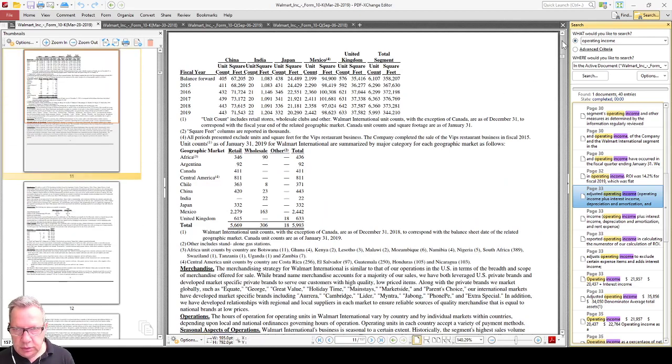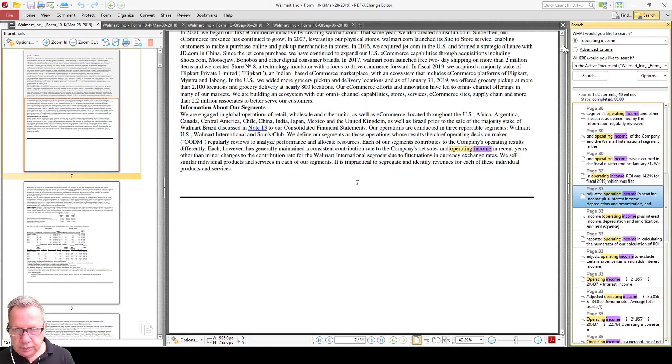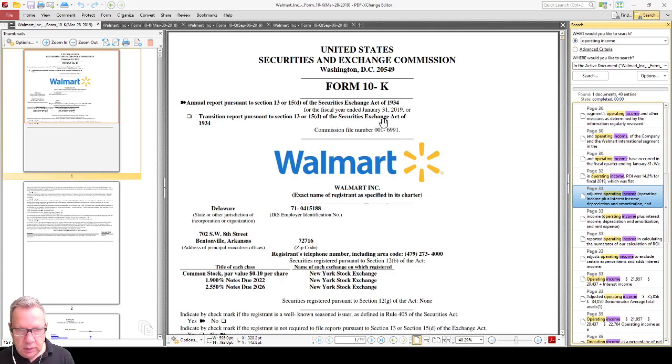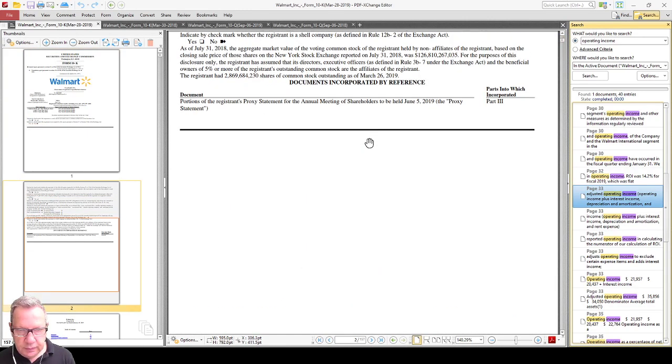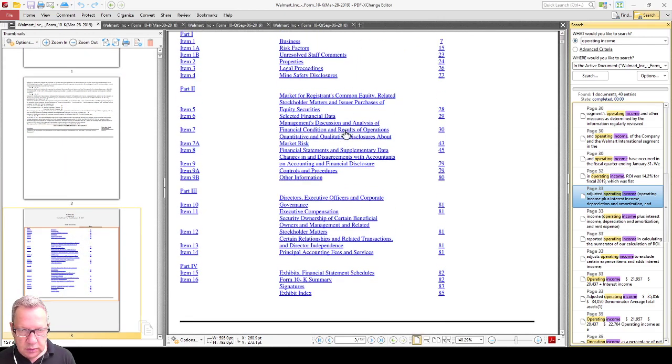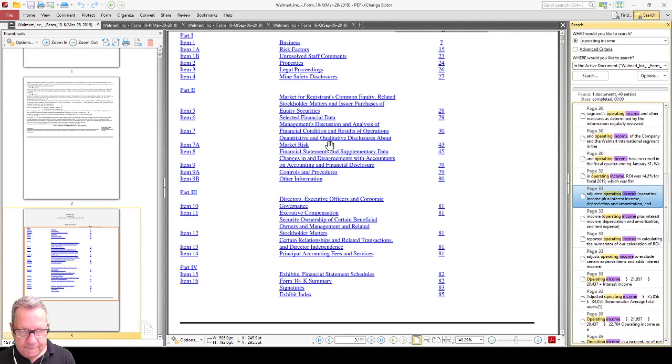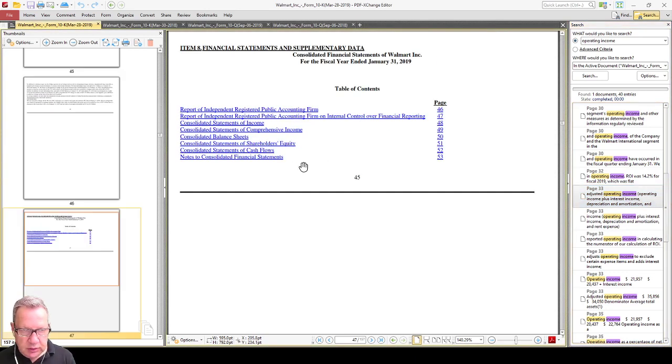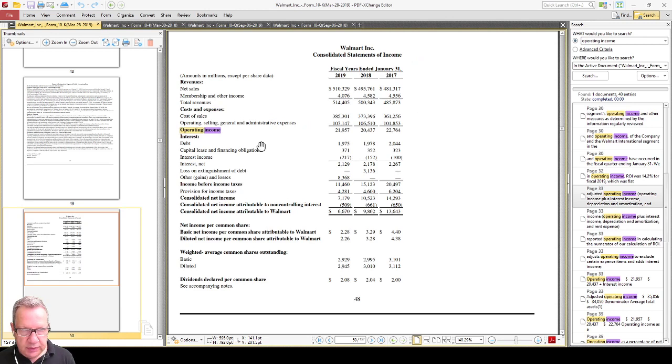Do you know what page it's on? Why don't you just write income statement? I did. Let's see. Go to the table of contents. Financial data and supplemental data, and there we go. Statement of income. They call it different names, these people. Okay, so there we go.